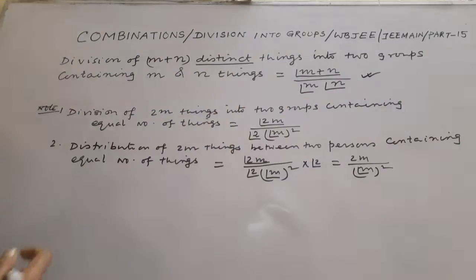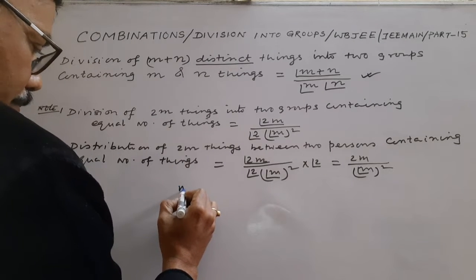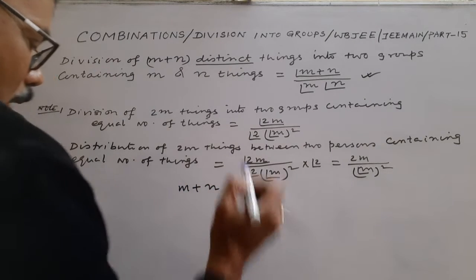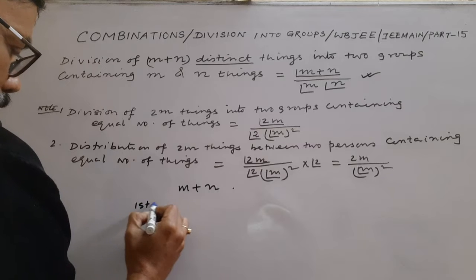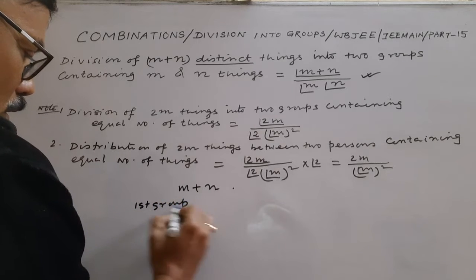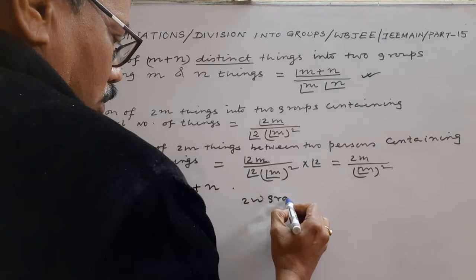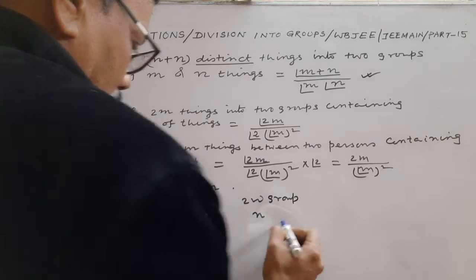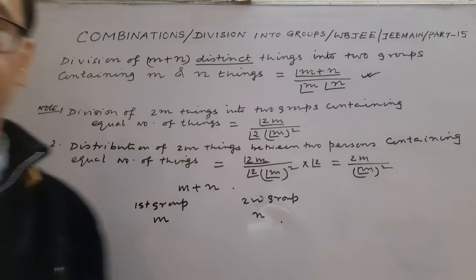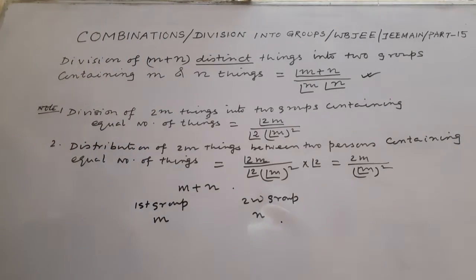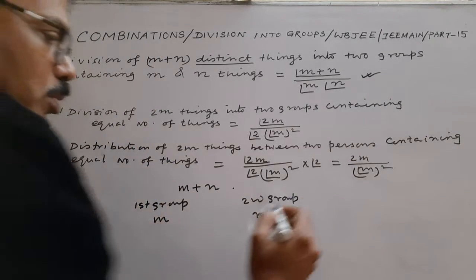So total things m plus n. First group containing m and second group containing n things. So what is the selection of first group?